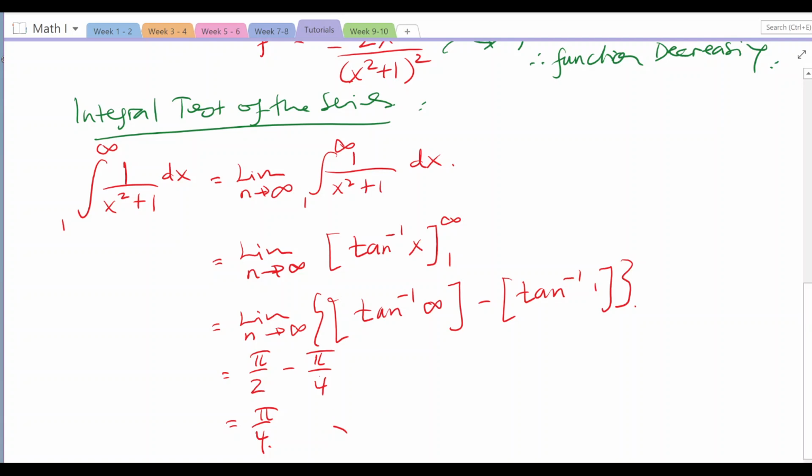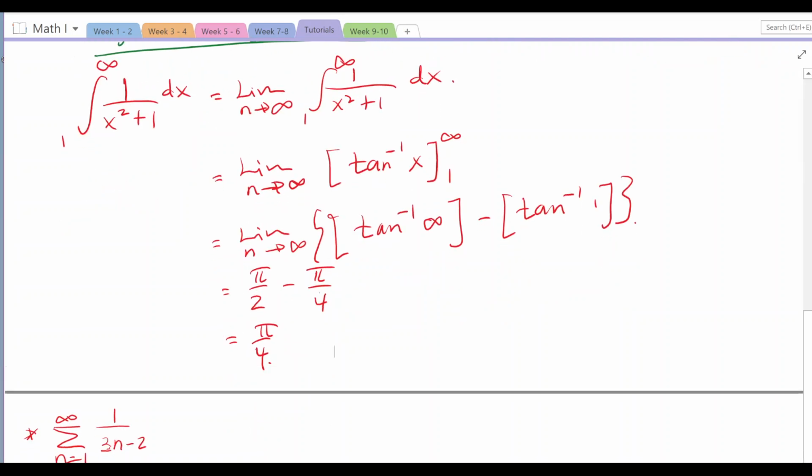Sorry, we're using the integral test. The integral of 1 over x squared plus 1 is pi over 4, meaning the integral converges to a value of pi over 4, and therefore we conclude that because the integral converges to pi over 4, the series also converges.